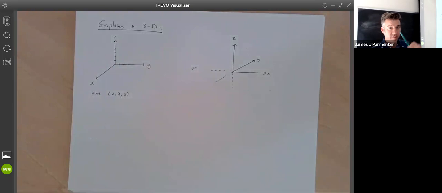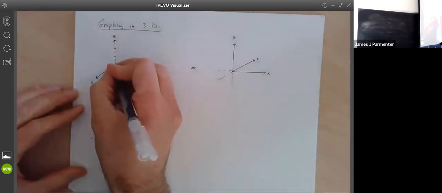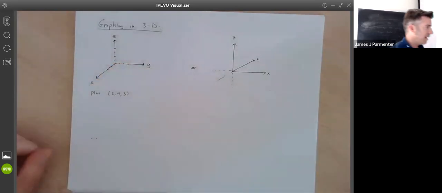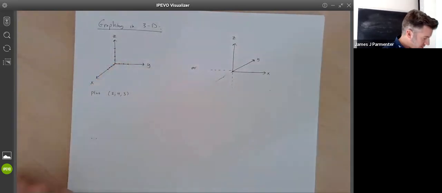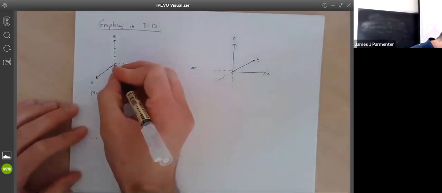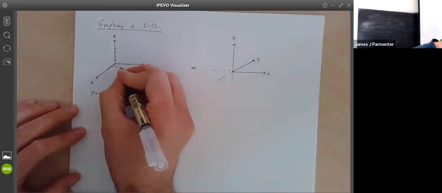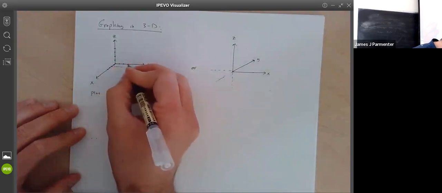Okay. So if you take this pen that's this long, or this axis that's this long, and then you do this to it, it doesn't look that long anymore. So these have to be a little bit shorter to give the effect of how things look the right way. So I'm going to plot the point 2, 4, 3. I'm going to go 2 in the x direction, 4 in the y direction. What I'm really going to do is go 4 in the y direction and then 2 in the x direction parallel.